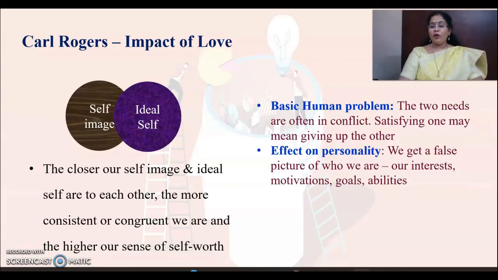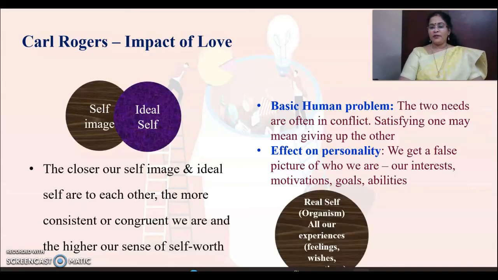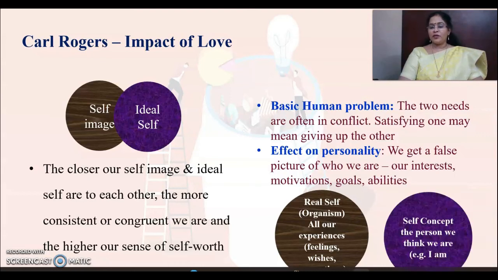Like, we would always compare ourselves with highly achieved people or celebrities, and we may have a lot of disappointments in us. So the real self is the organism, all our experiences, our feelings, our wishes, etc. And the self concept is the person, what we think and how we want to become what we are.